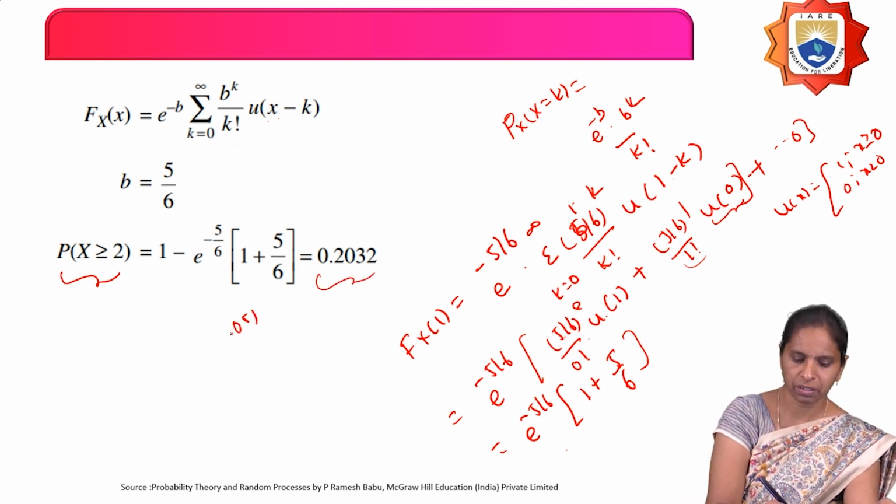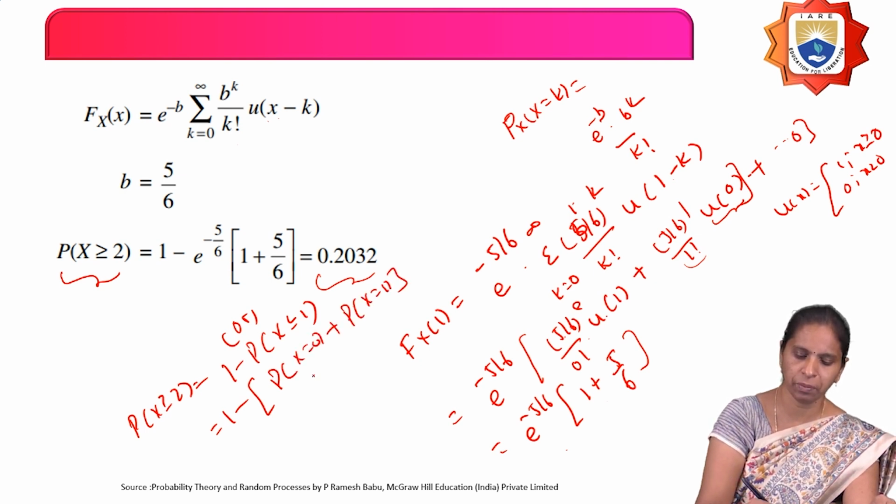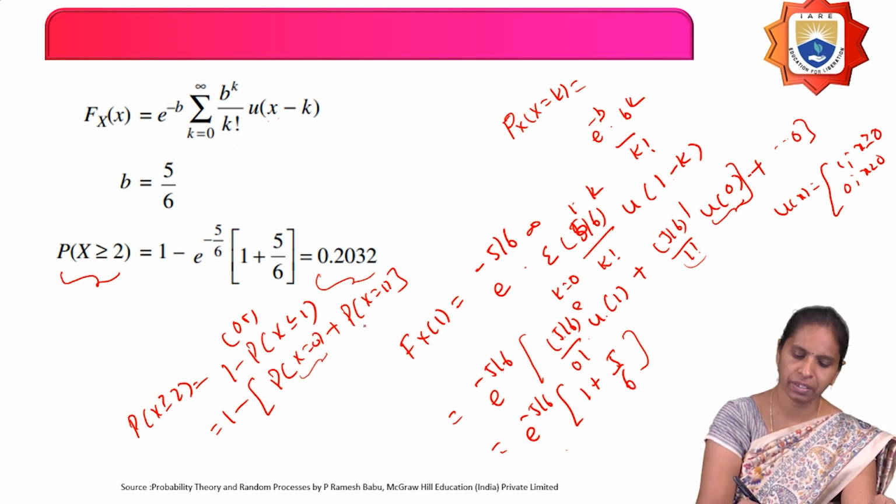So this is one method, or else you can write it like this also. P of x greater than or equal to 2 is nothing but 1 minus P of x less than or equal to 1. That equals 1 minus, P of x equals 0 plus P of x equals 1. Nothing but the probability that no cars are waiting and the probability that only one car is there.